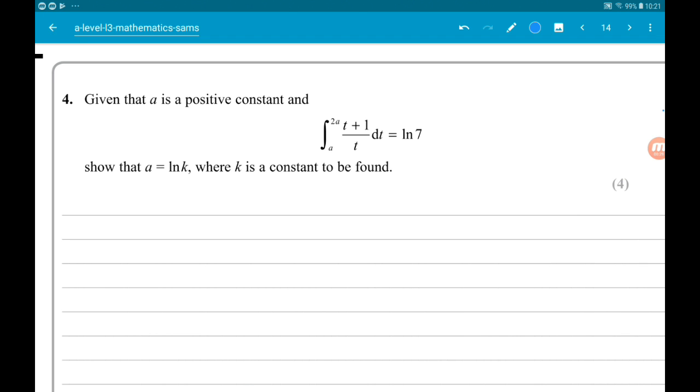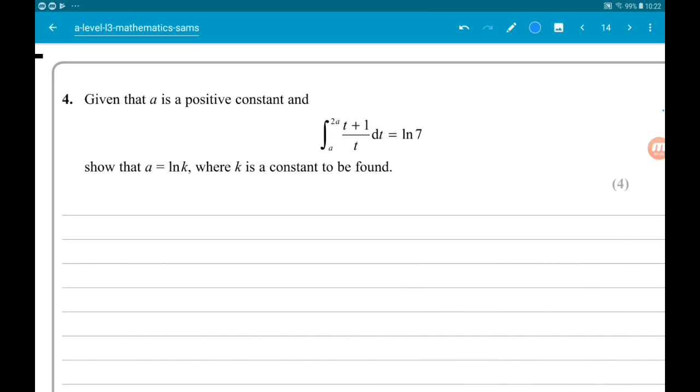So what we need to do is integrate that integral, substitute in the values, set it equal to log 7, and then find k.